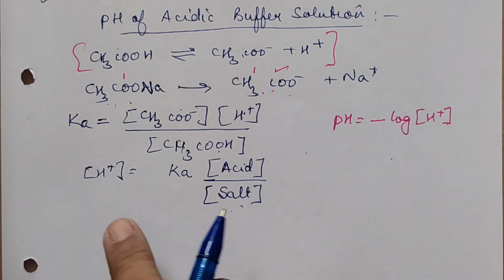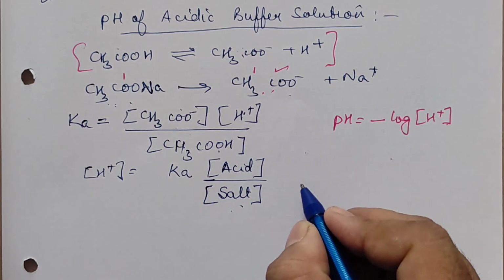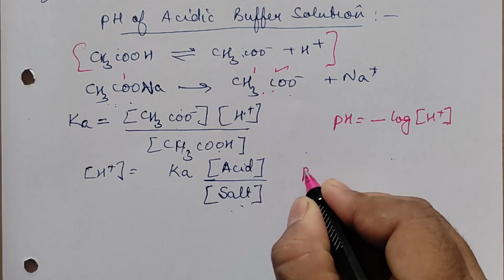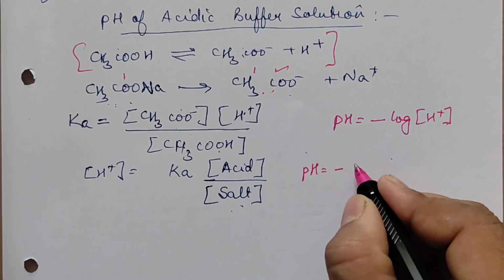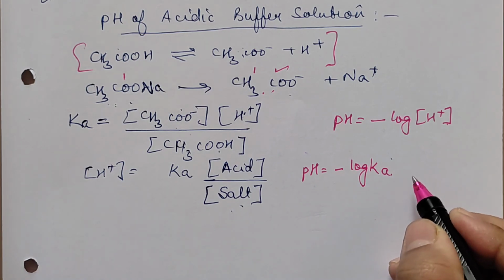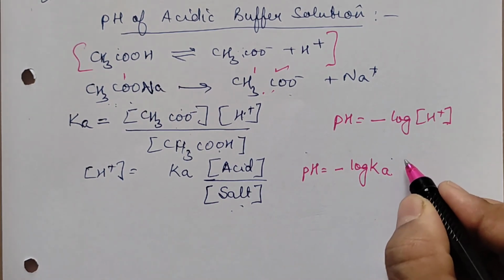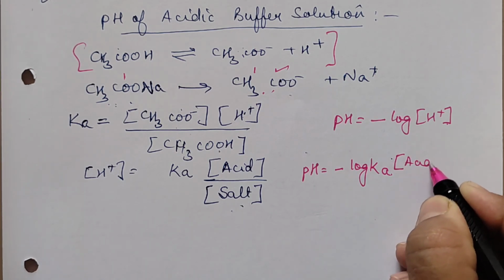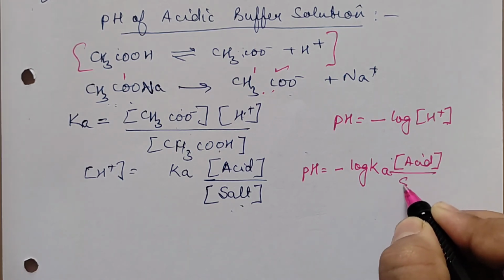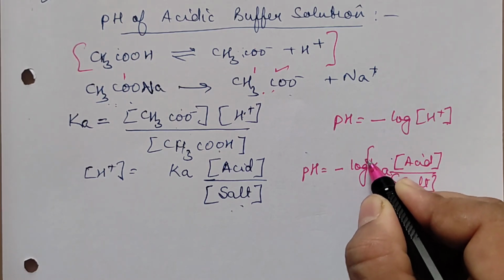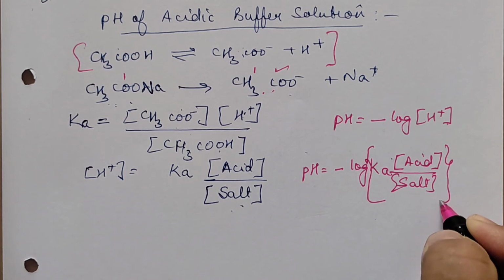Now we will apply this H plus in the pH formula, we'll put the value over here. So pH is equal to minus log of Ka multiplied by acid upon salt concentration. First I am just putting the whole thing together.